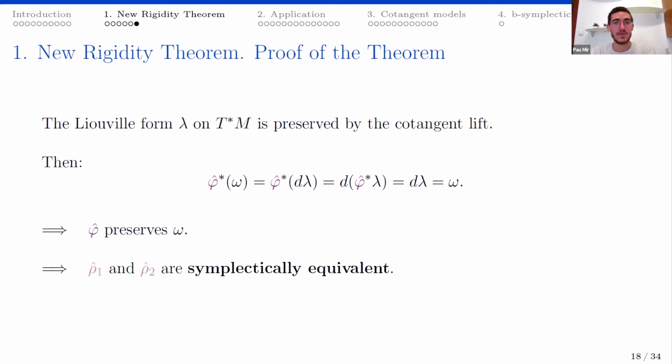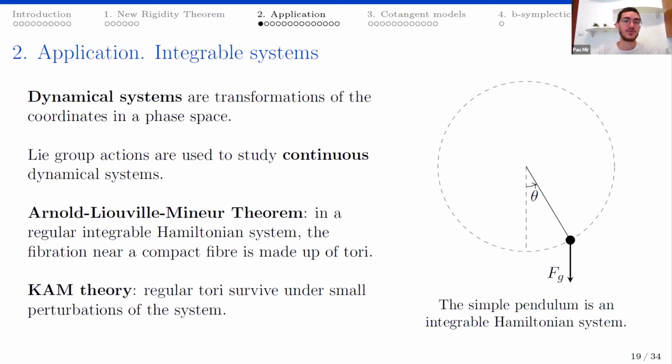Now, the application of this theorem goes to the field of integrable systems, and to give a brief introduction to integrable systems, which has already been done in many of the talks of this Congress, just say that they come from dynamical systems, which are transformations of the coordinates in some space.